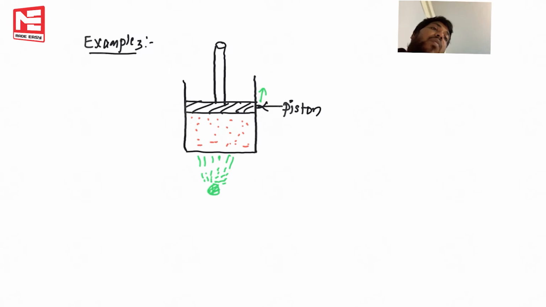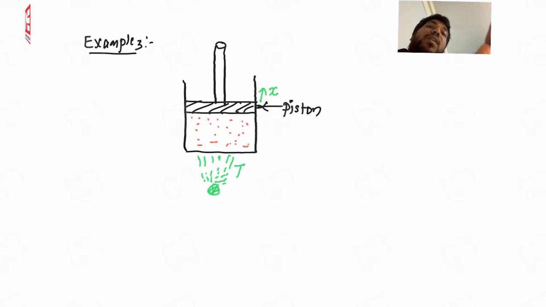So if we increase the temperature now, then the displacement of the piston in the upward direction is going to increase. Why? Because we all know that when we increase the temperature of the vessel, the gas expands, and the piston displaces upward.